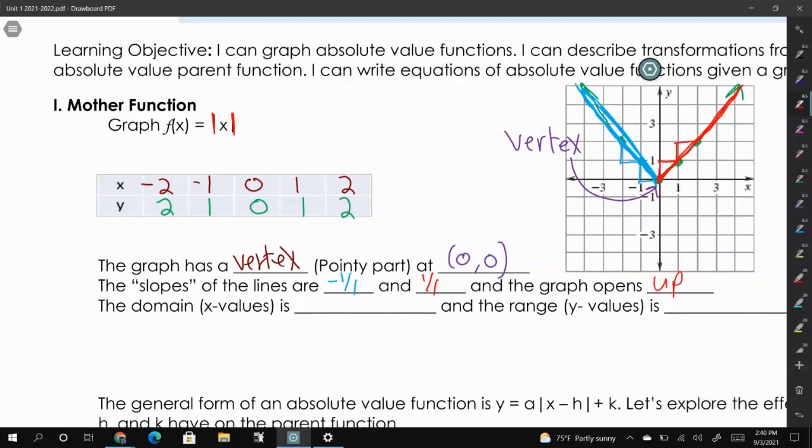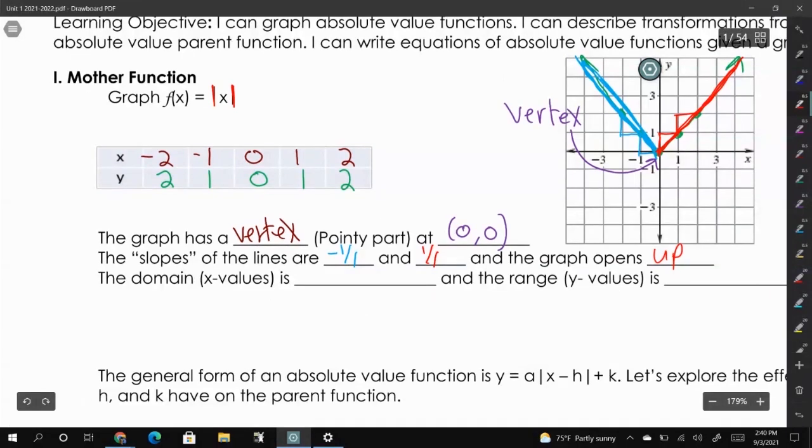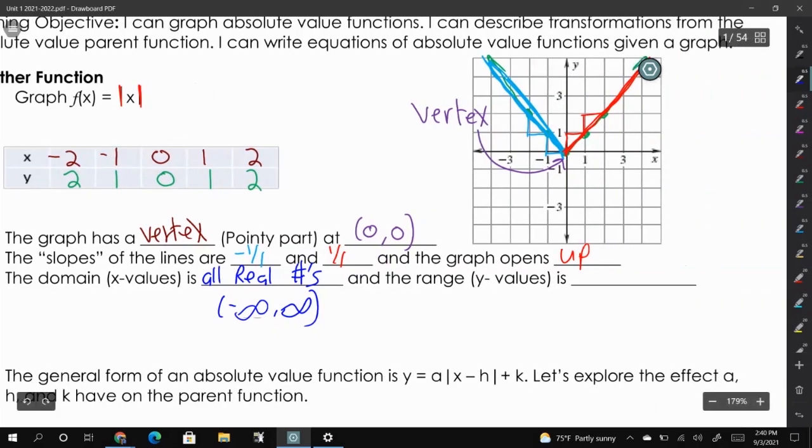And the domain, remember, domain is the x values. You can plug in any number for x and take the absolute value. So the domain is all real numbers, or you can write it as (-infinity, infinity), because that means every number from -infinity to +infinity. The range, or the y values, that's different.